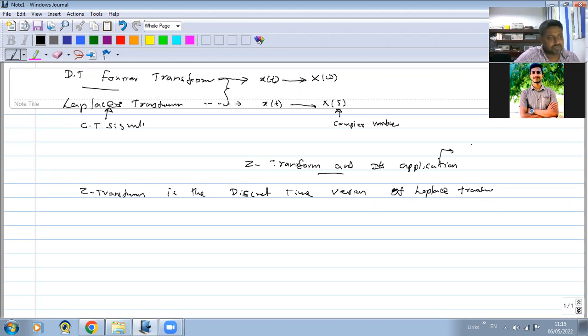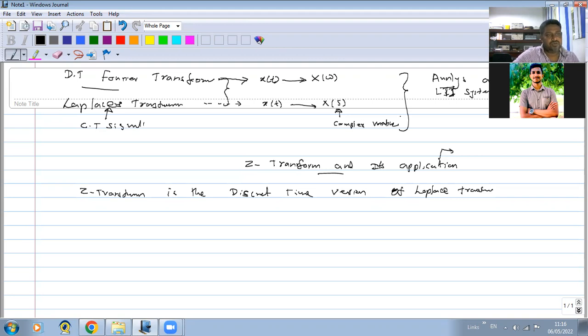Normally we use all these transformation techniques to analyze and also for designing systems, actually linear time invariant systems.